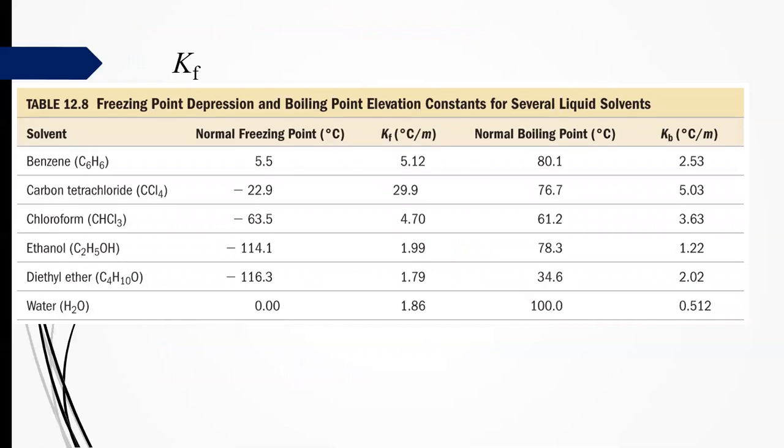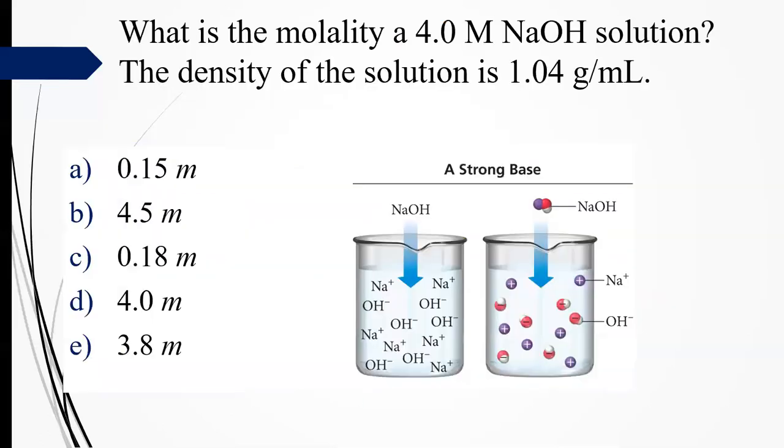You can see that KF is in degrees Celsius per molality, right? Remember that this is a small m. So if we look for our molality, remember that that's moles per kilogram of solvent. So let's try a molality one. We can see that in action, and then we'll continue on with our freezing point.